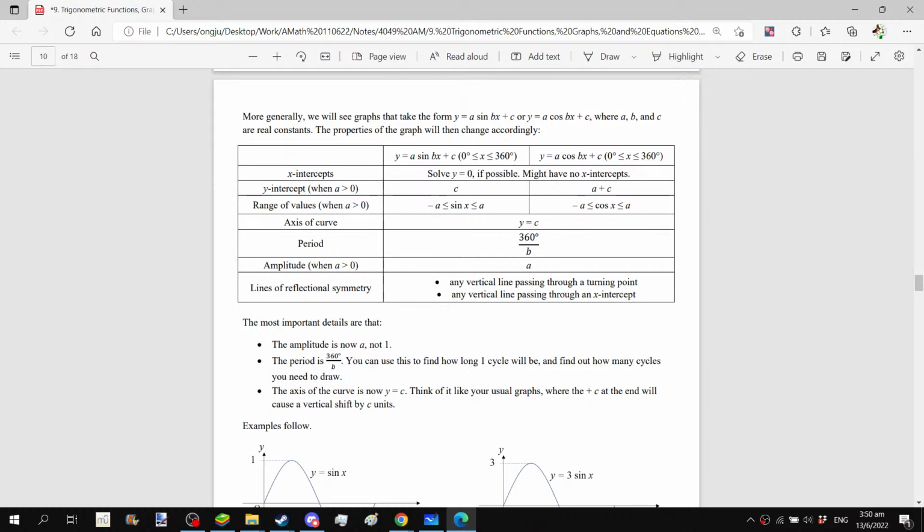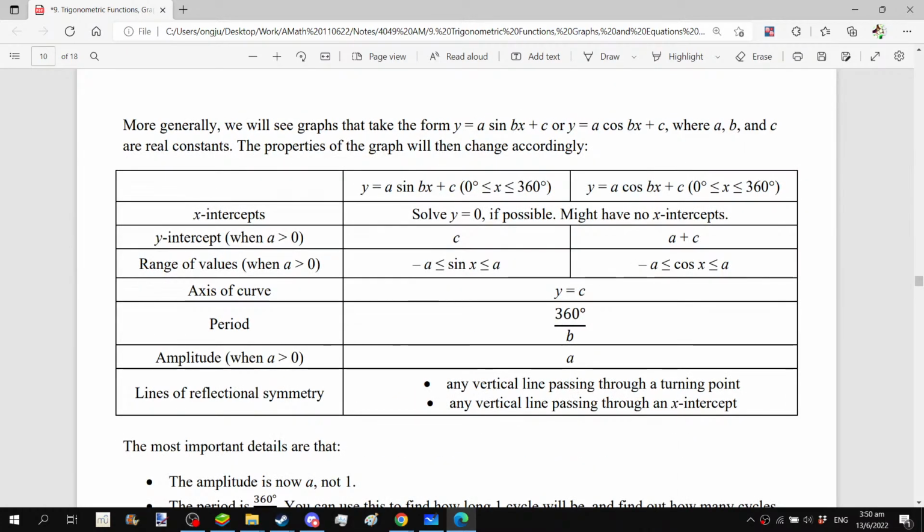What if we have a coefficient on the trigo? What if we have a coefficient on the algebra inside the trigo? And what if we have a constant term that is added or subtracted external to the trigo itself? So in this particular situation, we will have to follow the rules over here.